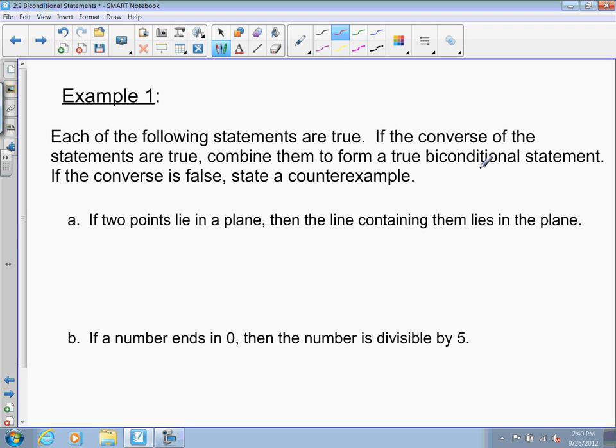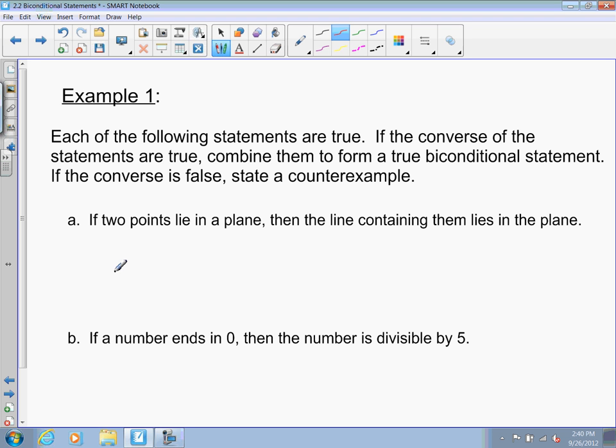Okay, so is the converse true? The converse would be, you start with your conclusion, if the line containing 2 points, remember them refers to the 2 points, so if a line containing 2 points lies in the plane, then the 2 points lie in the plane. Is that true? So if you need to, you can write that out.